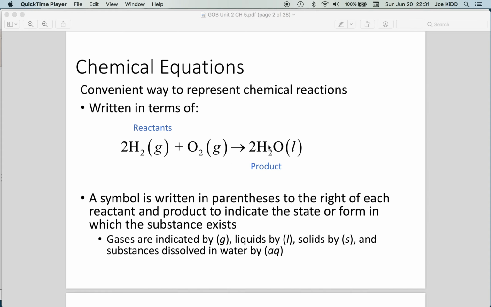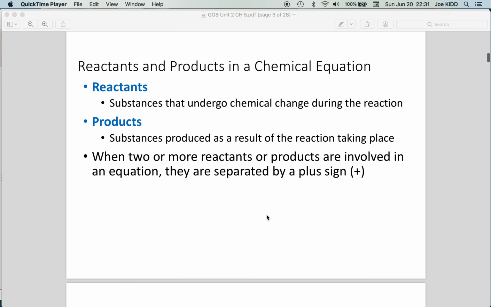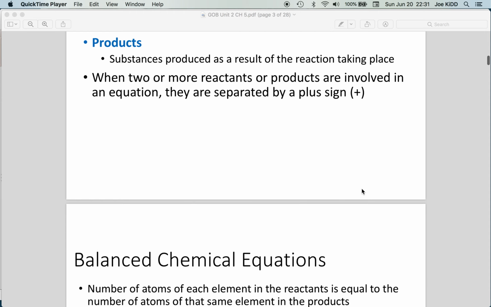So products, reactants, and we're going to talk about these crazy little numbers in a second. Again, products are the substances that are produced. Reactants are the substances that are undergoing a change. When we have two or more reactants or products, we separate them by a plus sign.